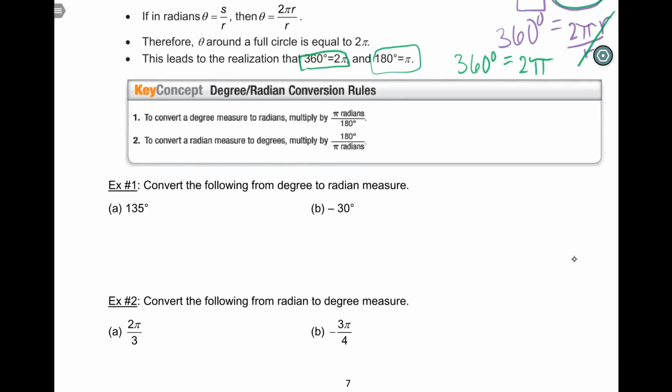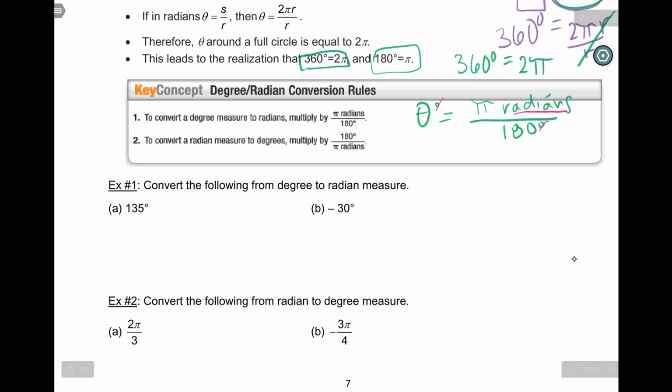So if we want to convert a degree measure to radian, so you have your number of degrees, your angle in radians is going to be equal to your angle in degrees times pi radians divided by 180. And the reason we're dividing by 180, one way you can think about it, is so we can cancel out this degree measure and we'll be left with units of radians.